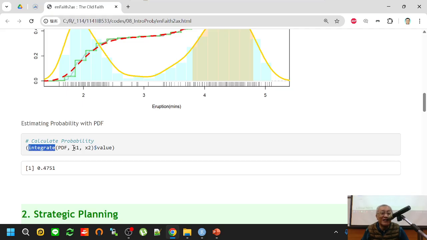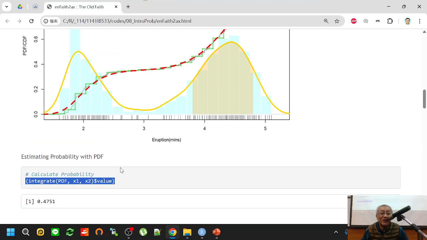And given x1 is this value, well, this expression would actually calculate the probability that the next event would occur within the period of x1 to x2. Okay, that's how this PDF works, right?